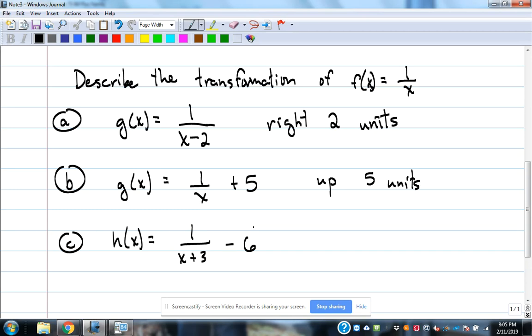What does the plus 3 on the inside do there? Left 3. Minus 6 on the outside is down 6 units. So left 3 units, down 6 units. Plus on the inside moves it left. Minus on the outside moves it down.